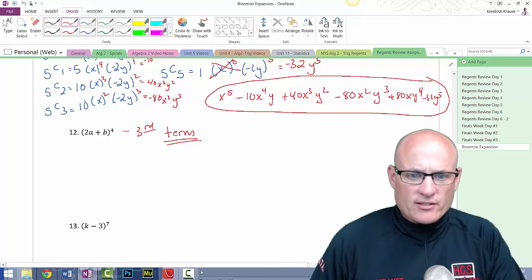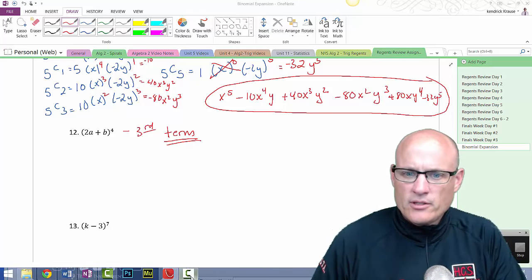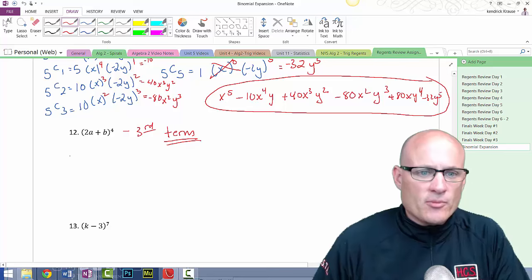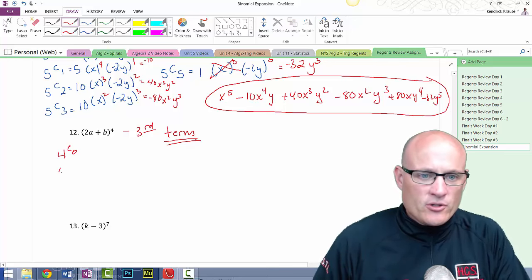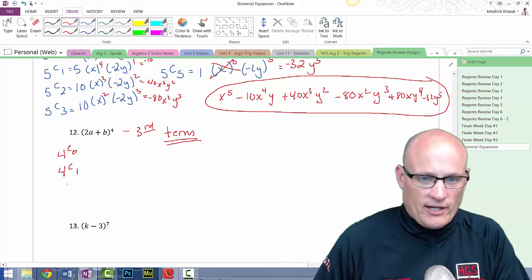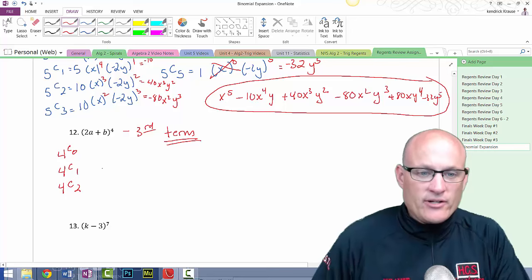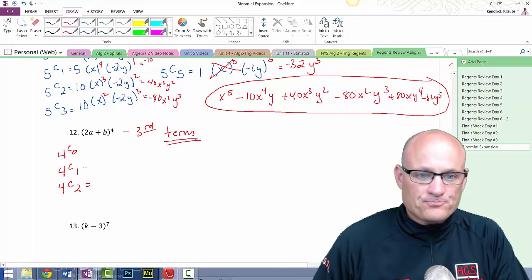If they just asked for the third term, I would go, okay, 4C0 is the first, 4C1 is the second, and 4C2 is the third. I don't need to go through them all. I don't even care what some of these are. I'll put parentheses here. This is the only one I care about, 2A and B.